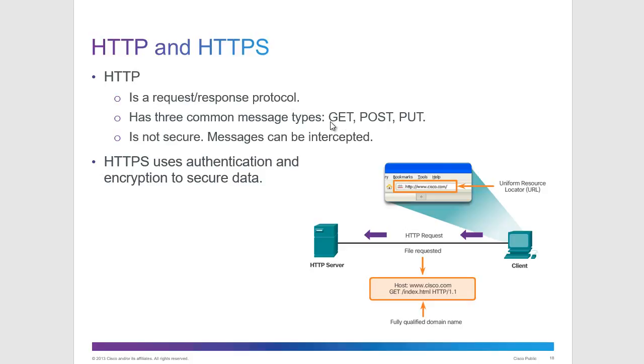The three messages are GET, when you're requesting information from a web server, so the browser or client is requesting information. We had a GET in that last slide, I believe. POST is when you are uploading files to the web server, updating forms, text, things of that nature.